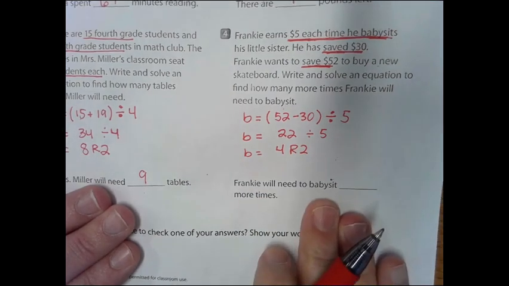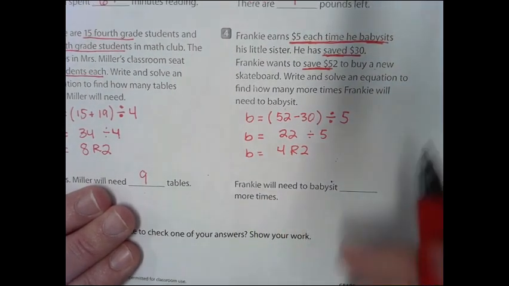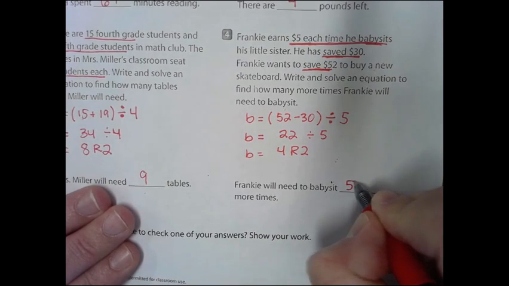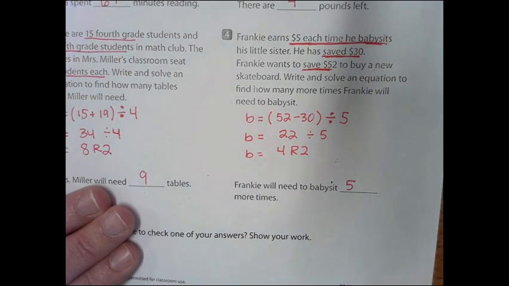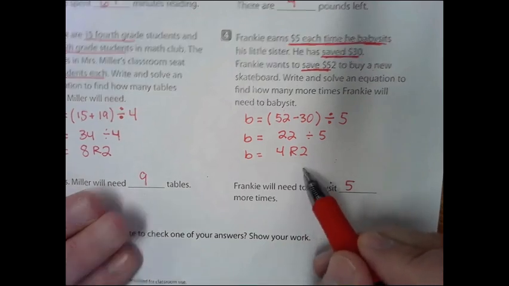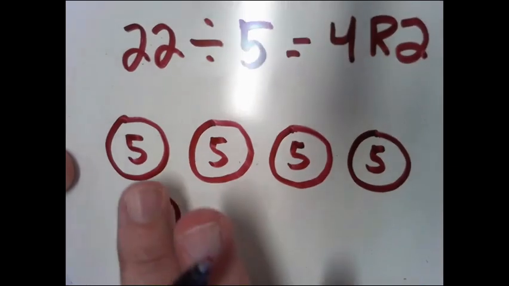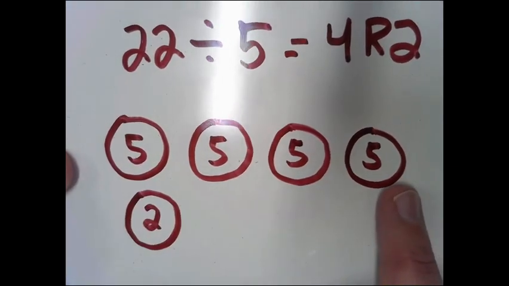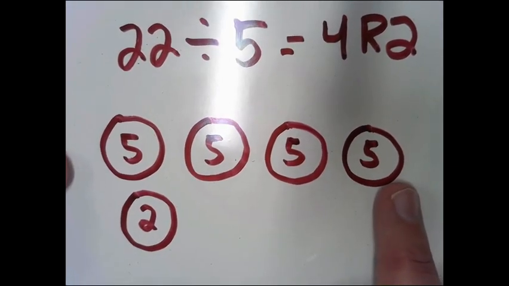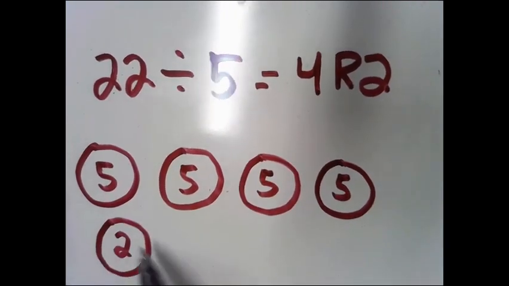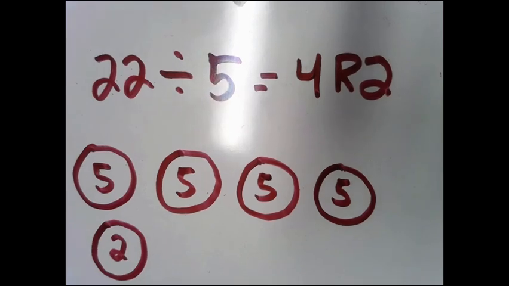But the actual answer was he needed to babysit 5 times, because of that last one. He had to babysit 4 times in order to earn $20, but he still had $2 left to earn, so that's why he had to babysit a 5th time.